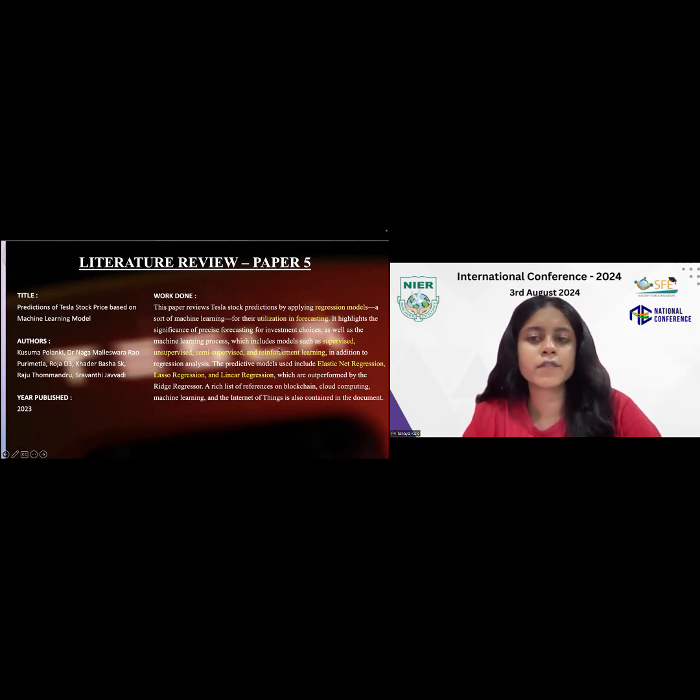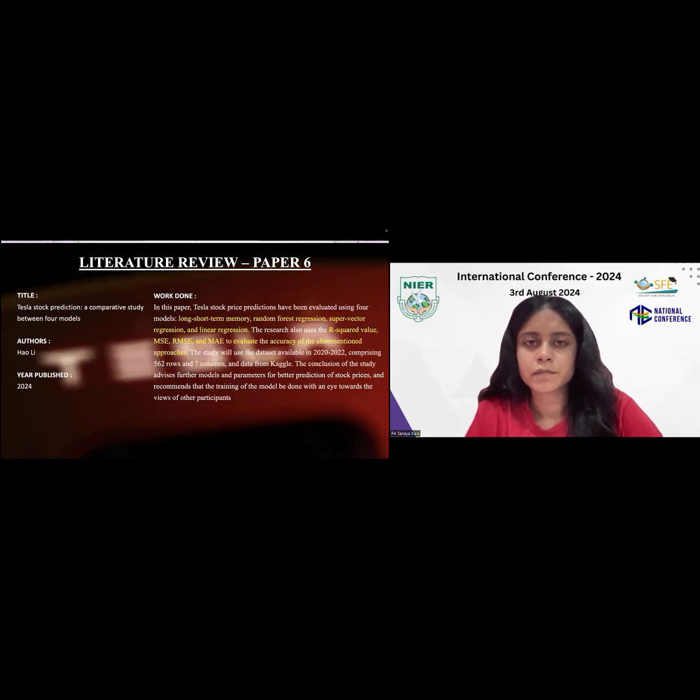To be more specific, they have used types of regression models like elastic net, lasso, and linear regression. And in the last paper which I have reviewed, they have used LSTM, random forest regression, support vector, and many evaluation metrics. The data set that they have used is of 2 years.